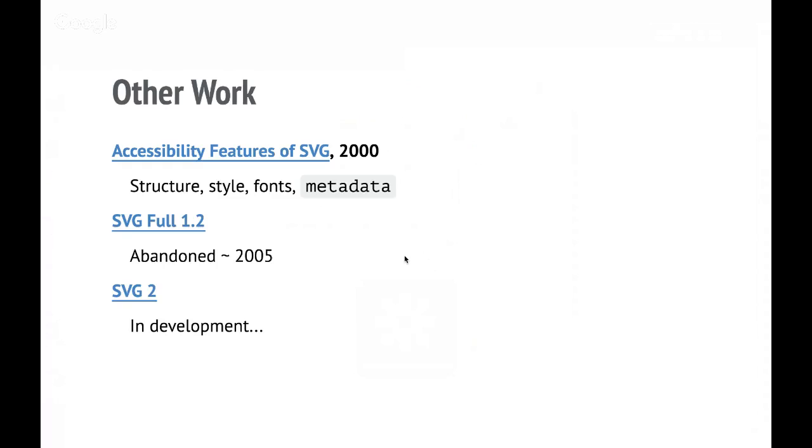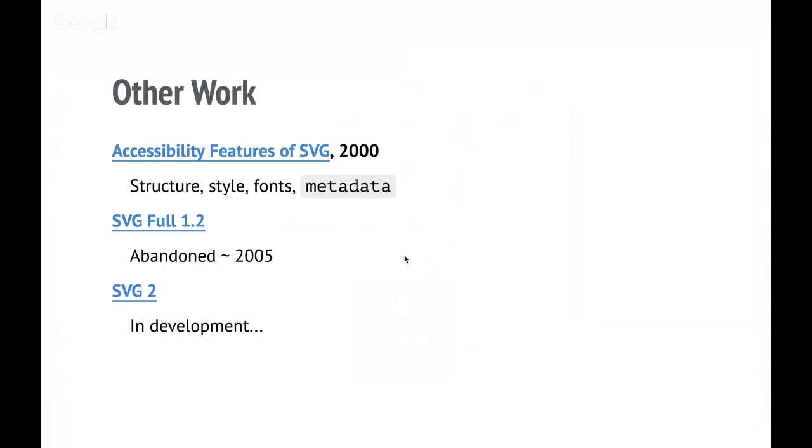There was an effort to make an SVG 1.2, which was abandoned around 2005. Essentially, the people moved to something they wanted to call SVG 2. That was and still is in development. So there is no complete version.